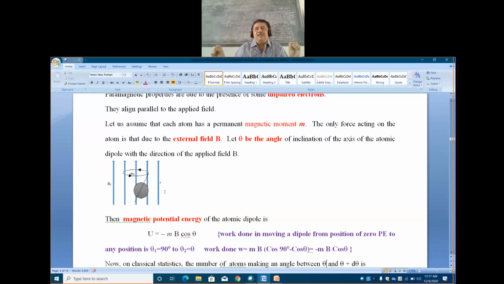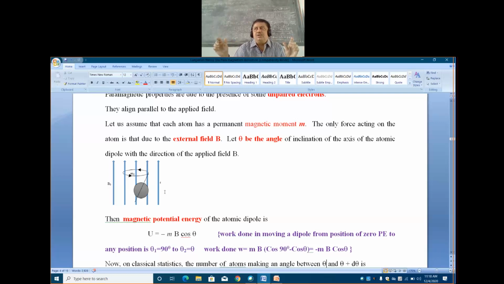You can add a line here on how this potential energy comes about. It is because of the work done if we move a magnetic dipole from a position of zero potential energy to any angle theta. Zero potential energy is when cos of the angle is 0, that is, when theta is equal to 90 degrees, since cos 90 is 0. So moving from 90 degrees to any angle theta, the work done is mB (cos 90 minus cos theta).